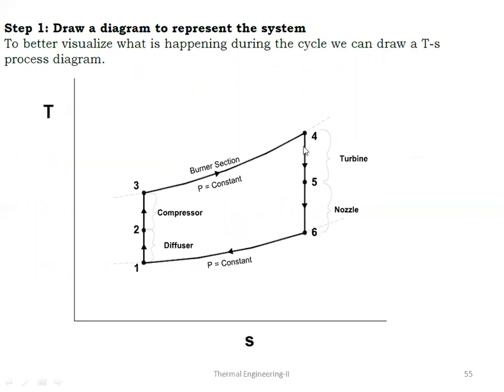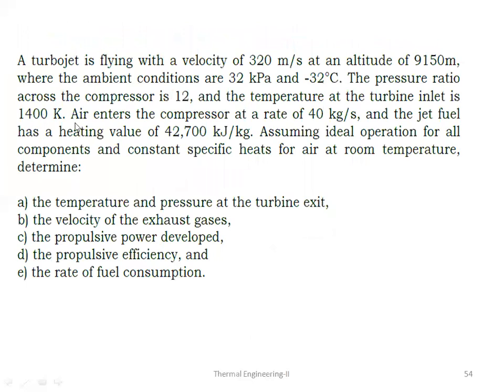So the point 4 temperature T4 is given in the problem, equal to 1400 degrees Kelvin. Air enters the compressor at a rate of 40 kg per second, so the mass flow rate of air is 40 kg per second. The jet fuel has a heating value, the calorific value of the fuel, given as 42,700 kilojoules per kg.